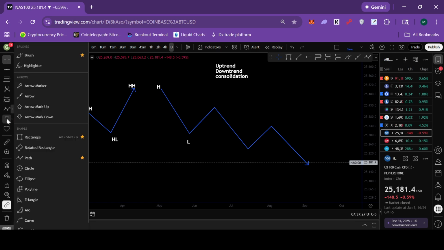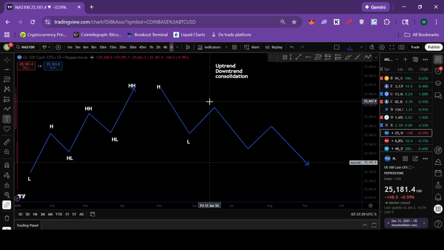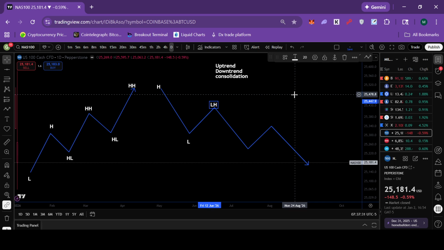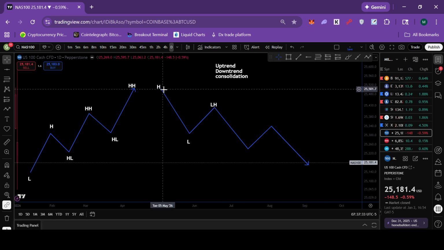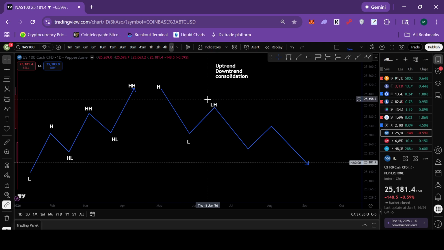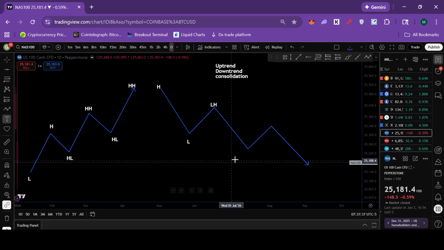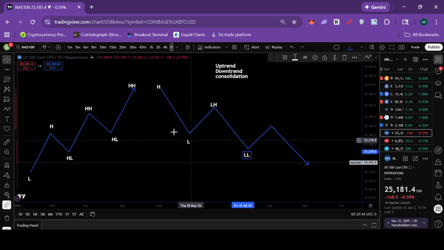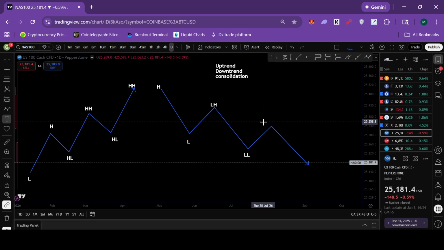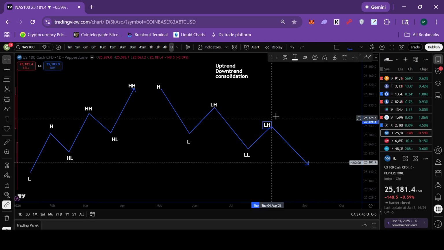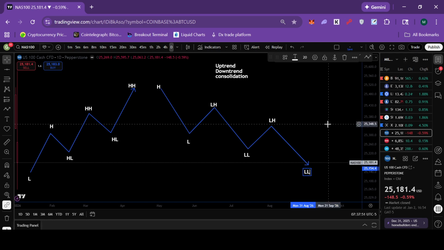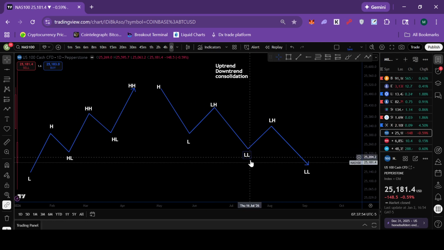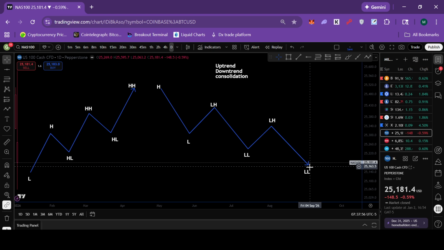Then you may have something called a lower high, because it's a high that's lower than the previous, and then you get a lower low because it's lower than the previous low. Lower high, lower low. All right, so this would be an example of a downtrend.